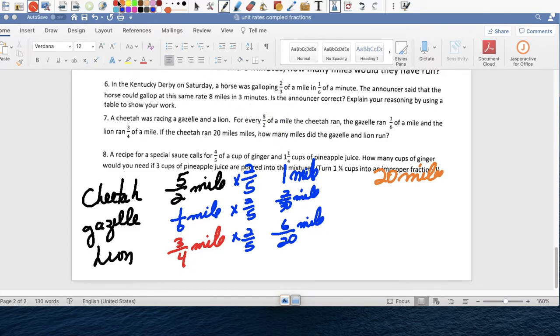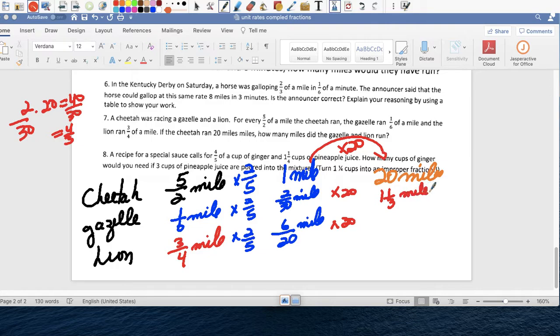But we're not interested in that. What happens when the cheetah runs 20 miles? So times 20, right? I'm going to multiply this times 20 and this times 20. So 2/30 times 20 is 40/30, which simplifies to 4/3. Am I doing that correct? 2 times 20 is 40/30, 4/3, and that gives me 1 1/3 miles.